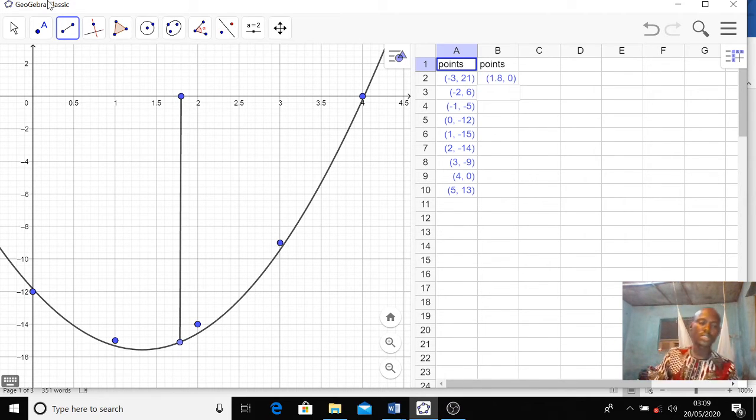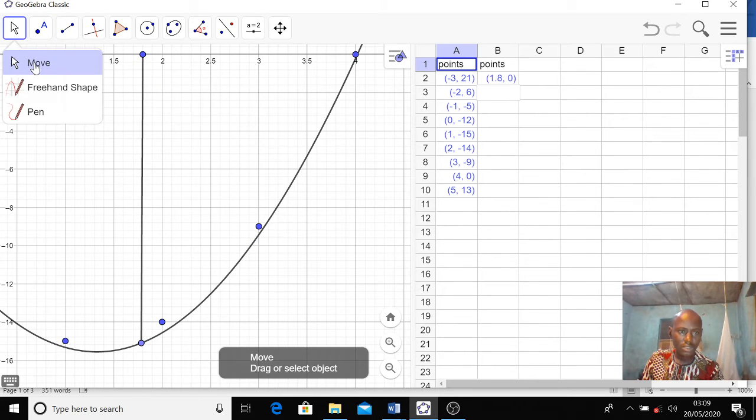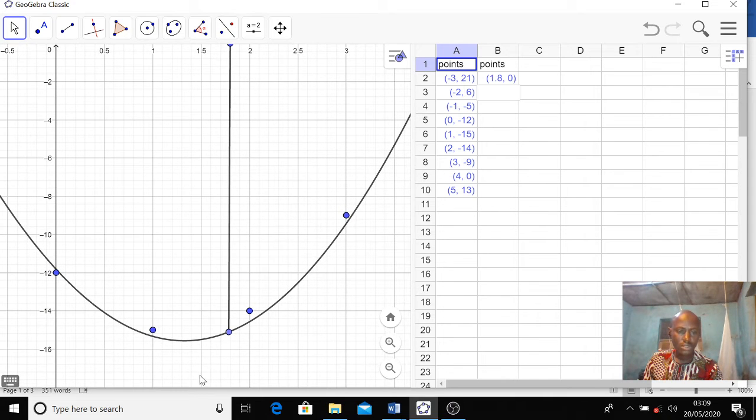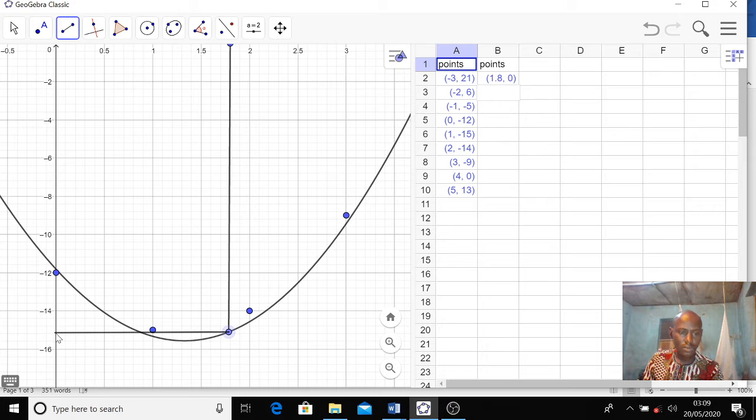This one is straight. Okay, now let's zoom it very well. We are moving towards this side. Another segment. Very good.